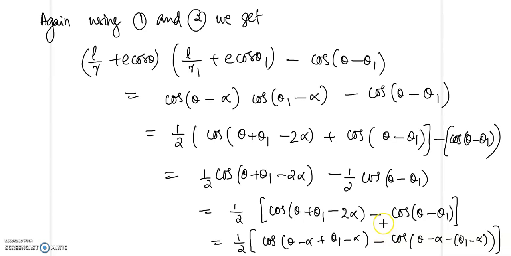So we are going to get −sin A sin B, that will be equal to −sin(θ−α) sin(θ1−α), where A and B are θ−α and θ1−α. So therefore we will get this result, and now let us eliminate alpha from these equations.